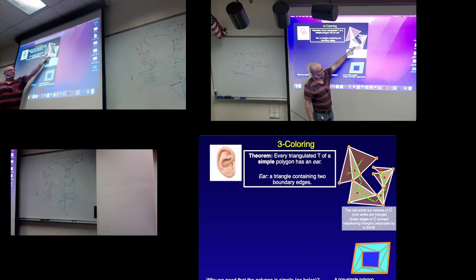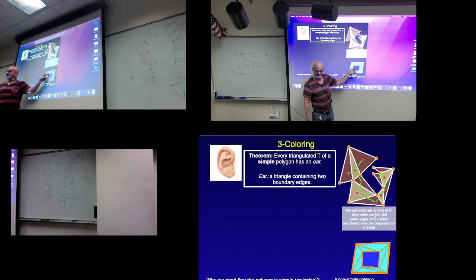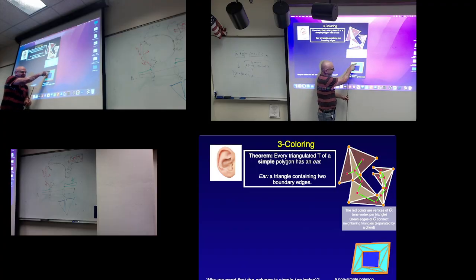And I want to convince you that this graph that I'm obtaining, because it's a simple polygon, is a tree. It could be, like in the example over here, even a path, but even if it's not a path, it's connected and doesn't have cycles. Could it contain a cycle? It would contain a cycle over here, but that's not a simple polygon. Well, that would be a cycle. Every triangle connects to two.